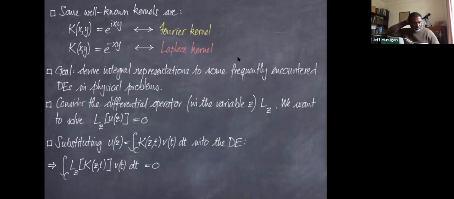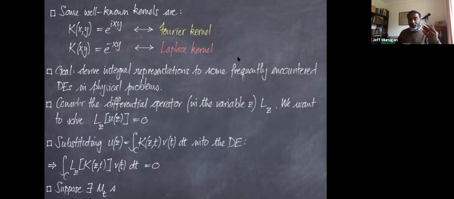Okay, and here's the crux. Suppose I can find another operator. This is the main key point. Suppose that we can find an operator M_t such that, again, I'm labeling the thing that the operator acts with respect to as a subscript. So L_z was a differential operator in z.